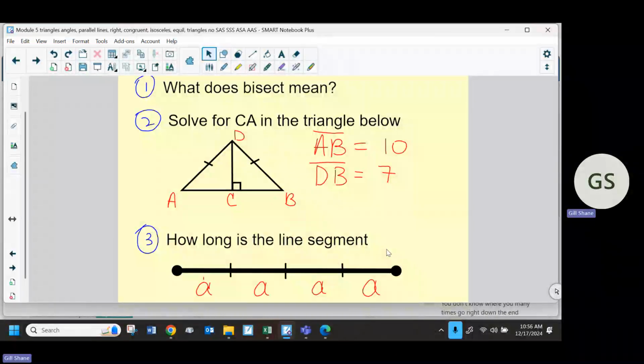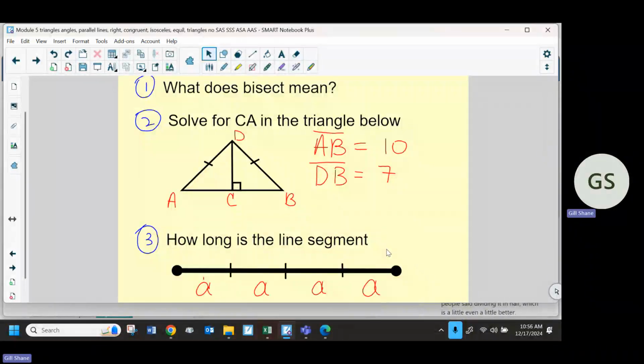Listen, what does bisect mean in the English language? Dividing it into two. Some people have said dividing it in half, which is even a little better.